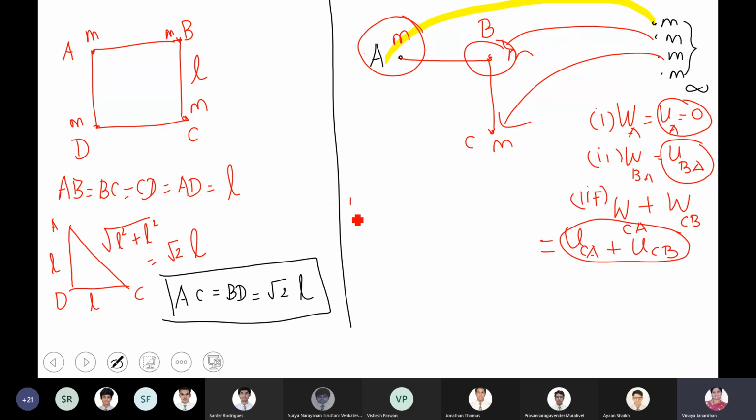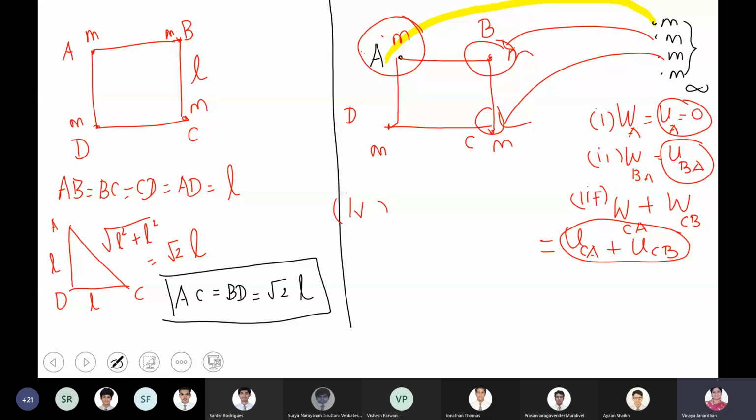Then what about the fourth one? I put it at point D. Then I have to do work against all these forces, because the mass at A is going to create a field, the mass at B is also going to create a field, and the mass at C also is going to create a field.